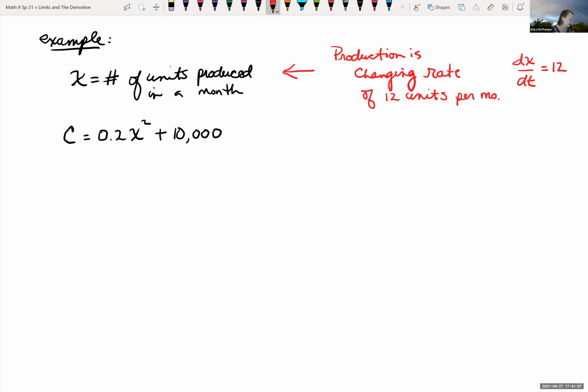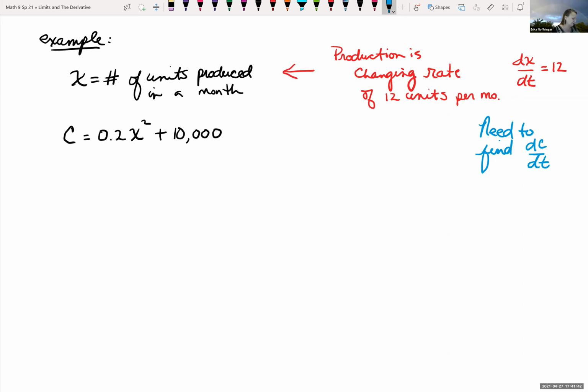Let's go back. So how fast is the cost per month changing? So we're really wanting to find cost per month changing. So we want to find dC/dt.